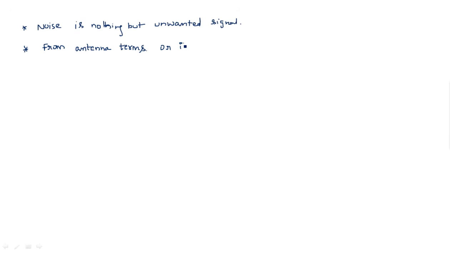Or the noise can be generated within the receiver. That means there are two types of noise that can be present in the receiver. One is generated within the receiver because of the several devices we are using in the radar receiver system, or the noise can also enter from the external environment through the antenna.